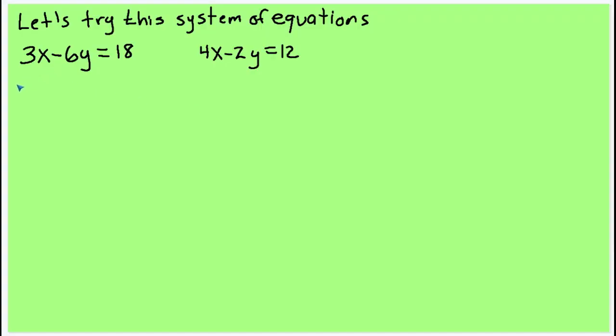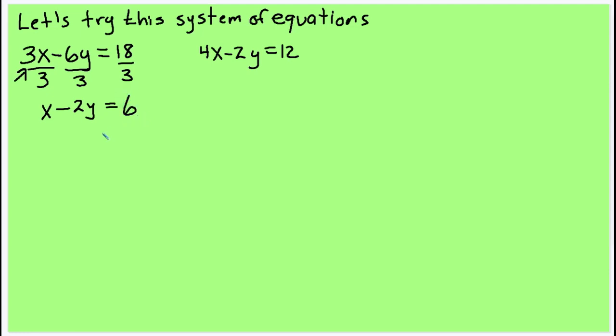Let's try this system of equations. So I'm going to solve the first system for x. So if I want to get the x alone, I can divide everything by 3. So I get x minus 2y equals 6.